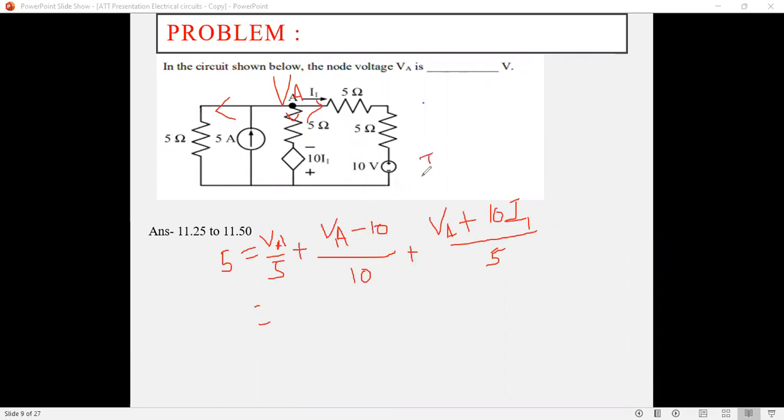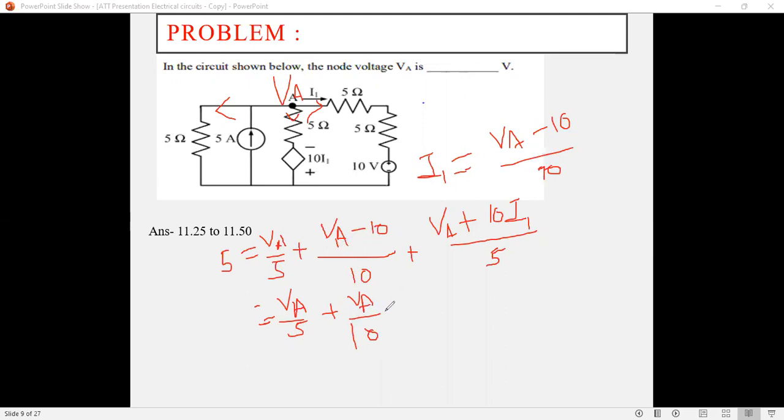So first of all, calculate the I1. I1 is equal to VA minus 10 divided by 10. See here, VA divided by 5 plus here it is VA divided by 10. We had taken, I think, VA divided by 5, because we took VA divided by 5 it went wrong.